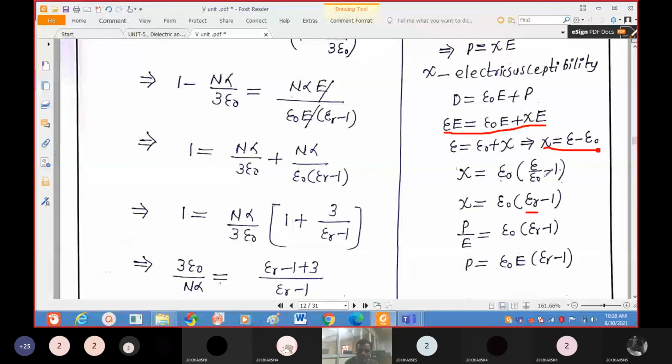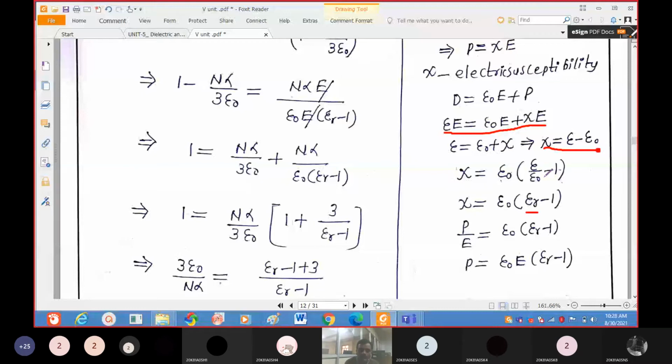If you solve the above equation, we can take the LCM here: epsilon r minus 1 plus 3. So the final equation is 3 epsilon naught by n alpha equal to epsilon r plus 2 by epsilon r minus 1. Now we can take the reciprocal on both sides.